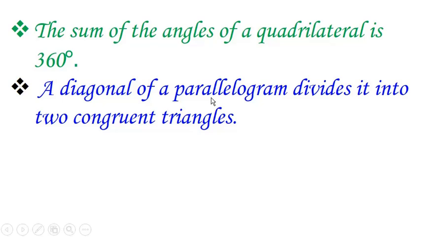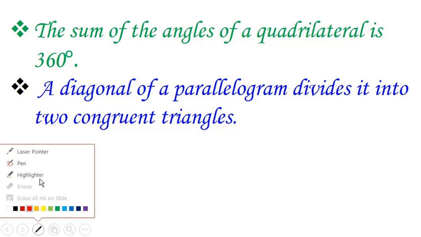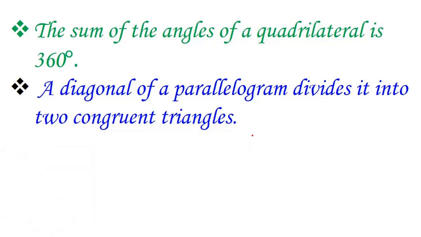A diagonal of a parallelogram divides it into 2 congruent triangles. So what is a parallelogram? It is a special type of quadrilateral. Let us draw a parallelogram. So this is a parallelogram.